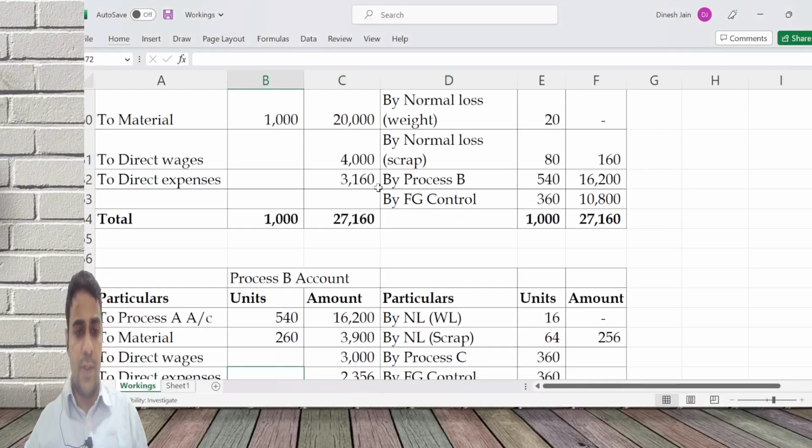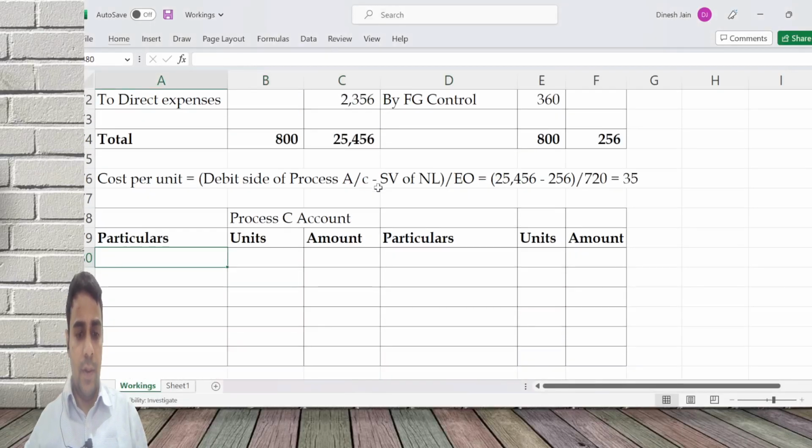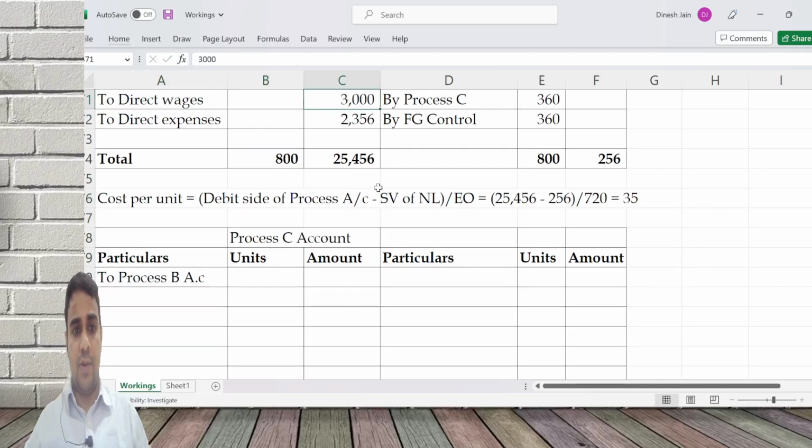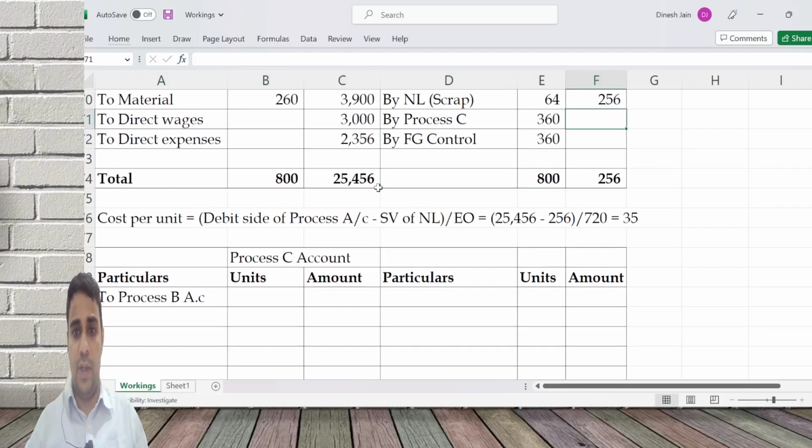Coming to your process C account. To process B, sorry, last account, I think we did not do this: into 35, into 35. This is to close the account.